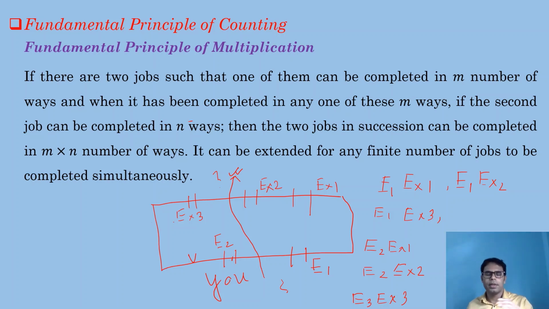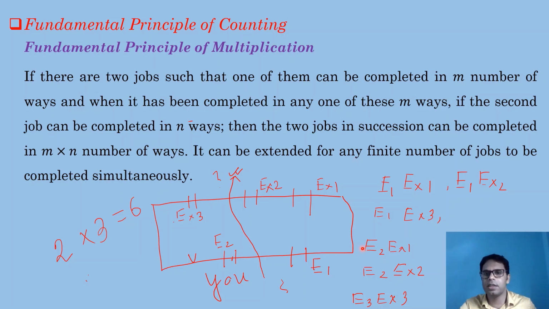Entering is one part of the job, and exiting is the other part. The room can be entered in 2 ways, and you can exit in 3 ways. So in total you will have 6 different ways, and these are the 6 different ways I already told you.